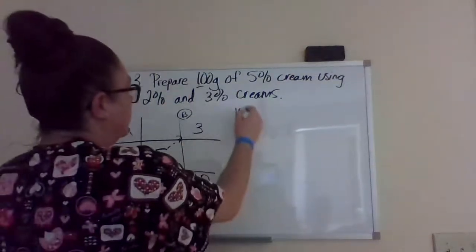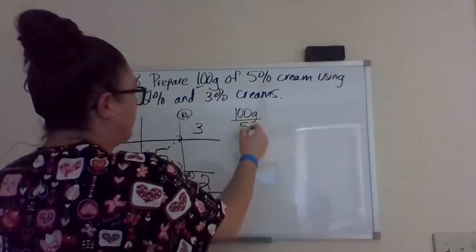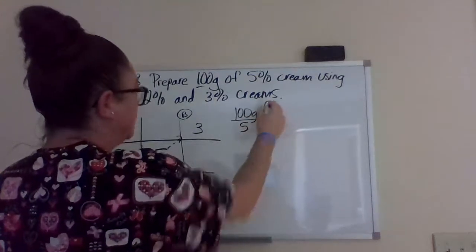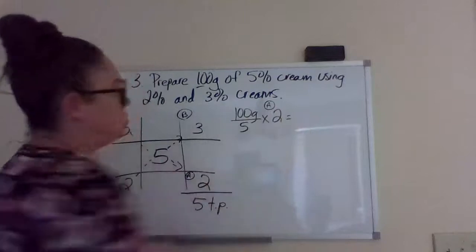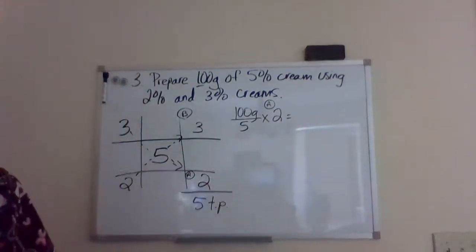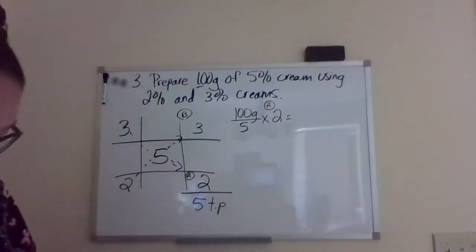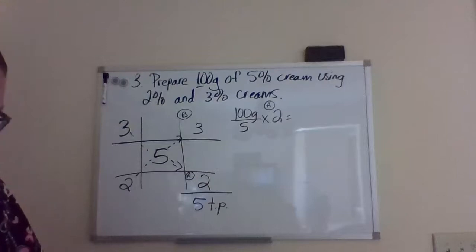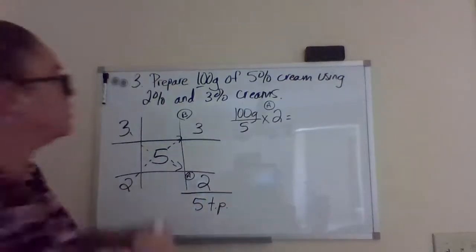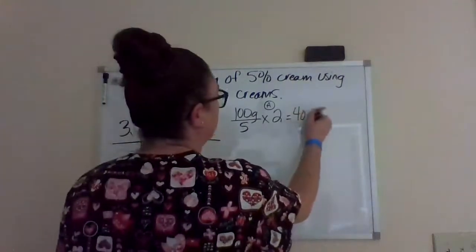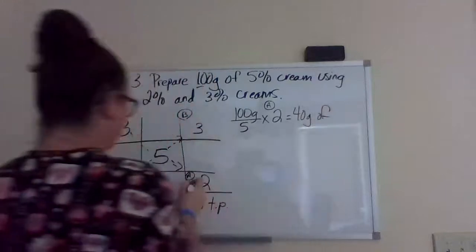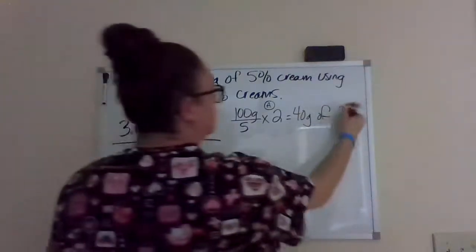Total quantity is 100 grams over my 5 total parts times A, which is 2. So 100 divided by 5 is 20 times 2. We get 40. So 40 grams of A represents the 2%.